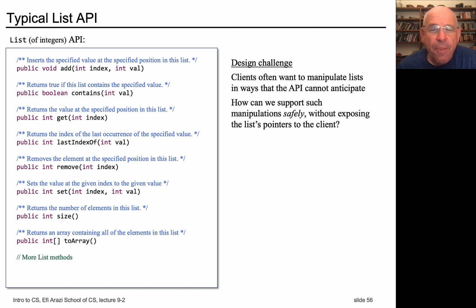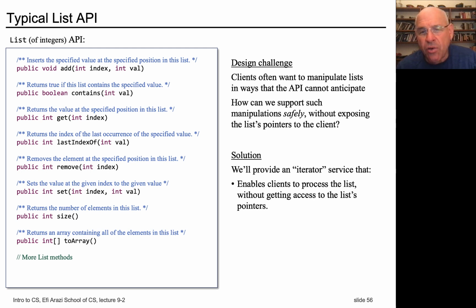How can you do it? Well, the answer is we can do it by providing an iterator service. This service will allow the clients to iterate through the list, to process every element in the list without having actual access to the pointers, which sounds like hocus pocus. How can you possibly do it? Well, that's what I'm going to show you next.